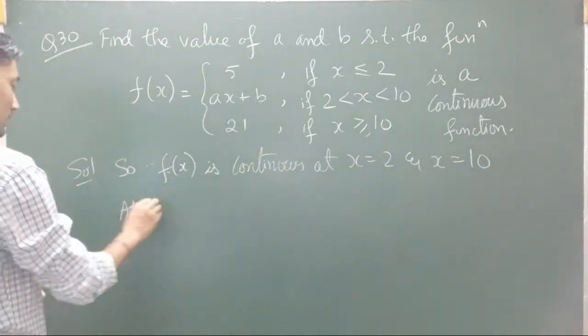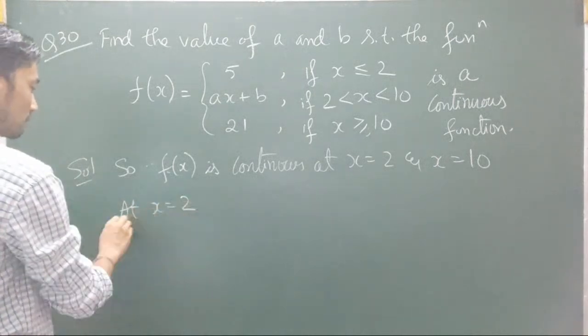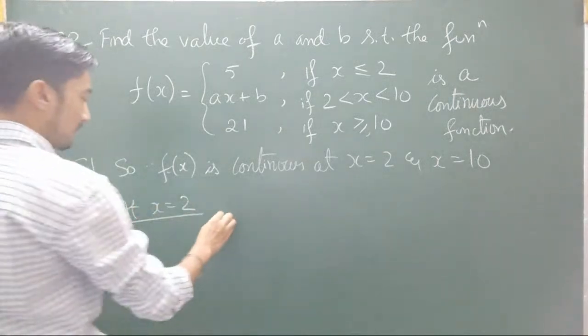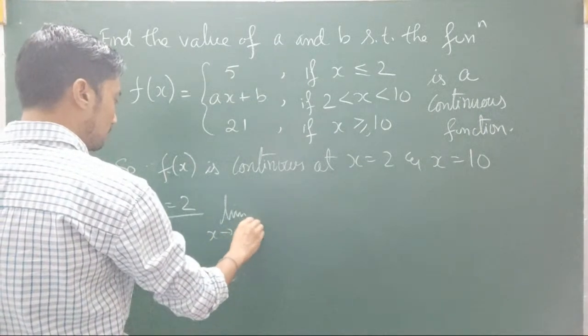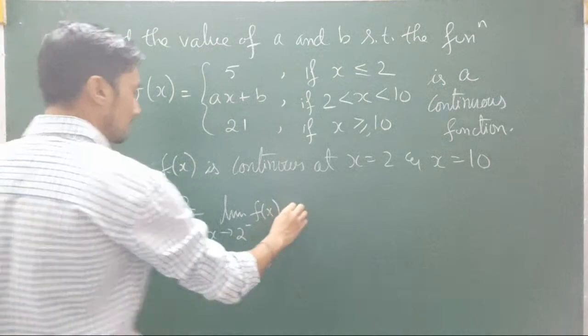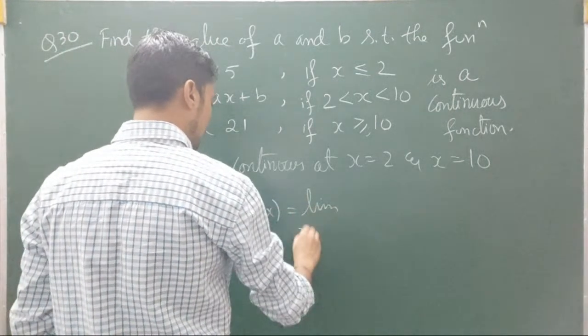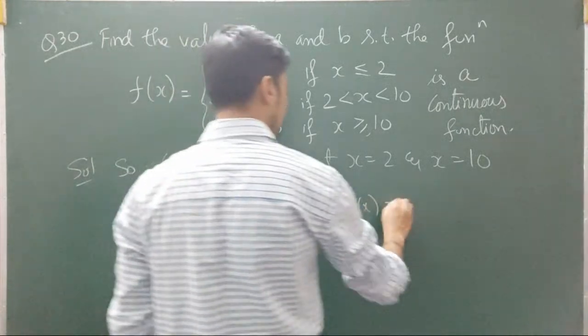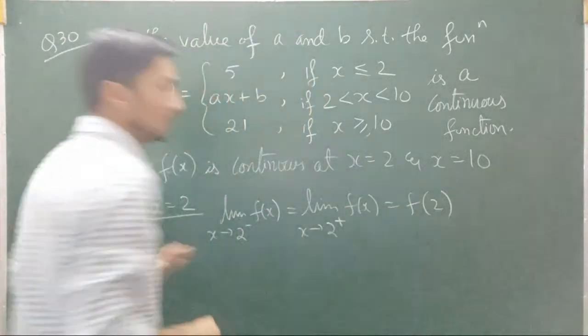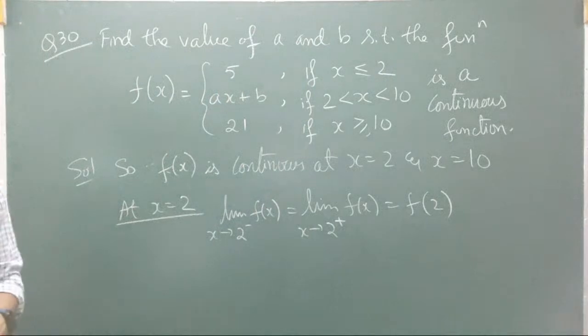Let's start with the point 2. Let us start directly: the limiting value as x tends to 2 minus of f of x is equal to the limiting value as x tends to 2 plus of f of x, that is equal to f of 2.